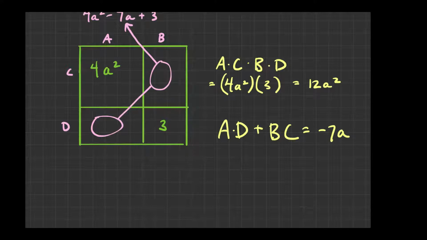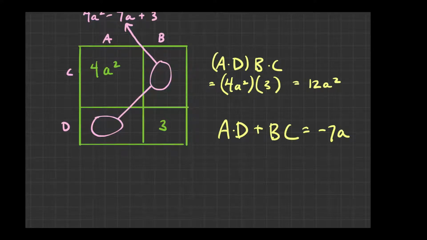Okay? And here's the thing. This is just all the numbers multiplied by each other, right? So what I'm going to do is rearrange these a little bit. So I've got A times D times B times C now. Same thing. It's just a big product, a bunch of numbers multiplied with each other.